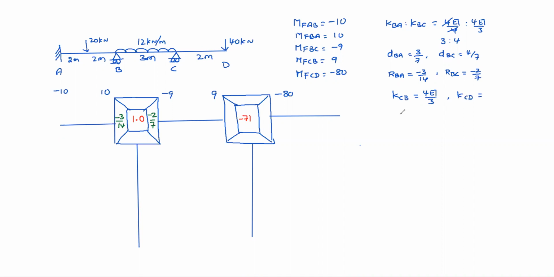That means distribution factor of CB equal to 1 or rotation factor of CB equal to minus half. Distribution factor of CD is 0, rotation factor of CD also will be 0. So now we mark here minus half, 0. Okay. Now perform the calculations.